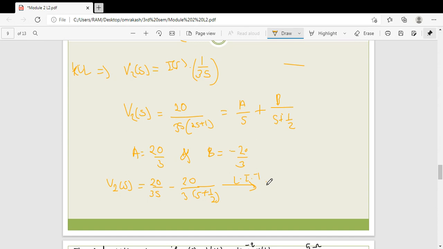So by applying the Laplace inverse transform, you will get V2 of t, right? And V2 of t is nothing but here 20 by 3 minus 20 by 3 e to the power of minus t by 2. So this is valid for all t greater than 0, right?